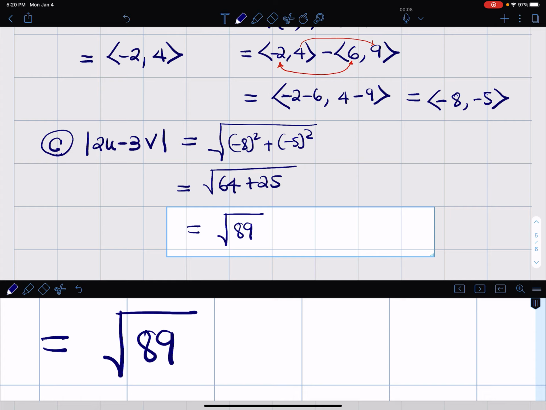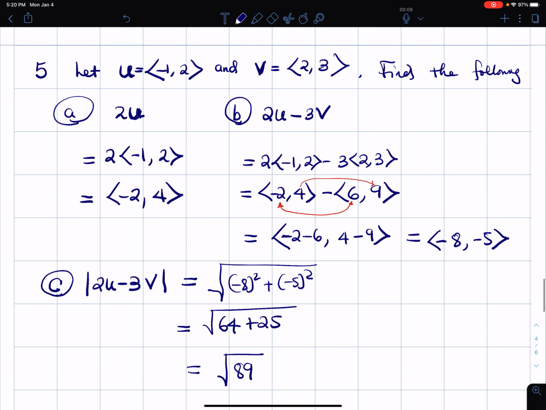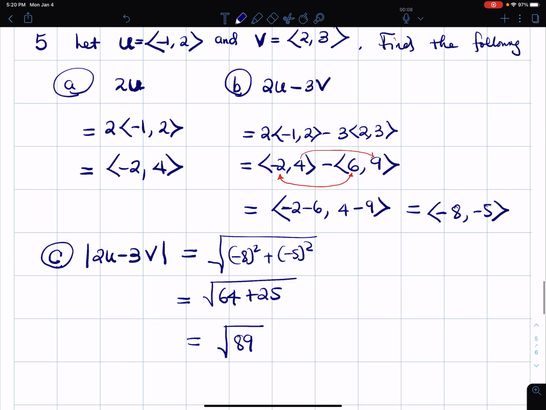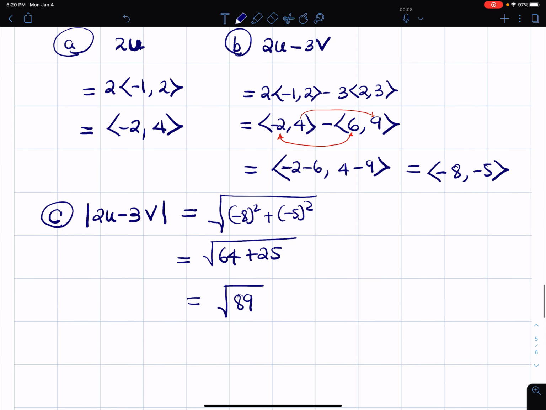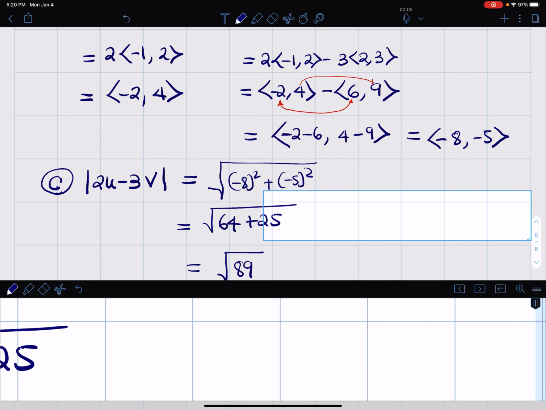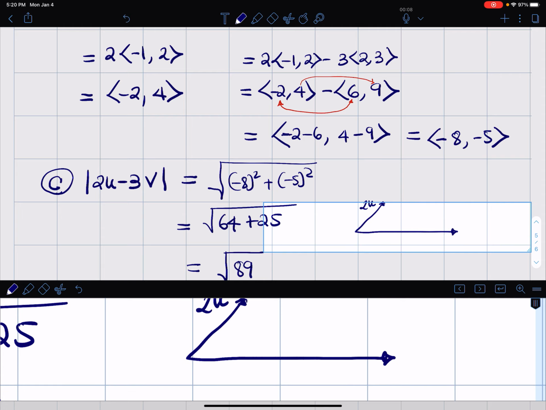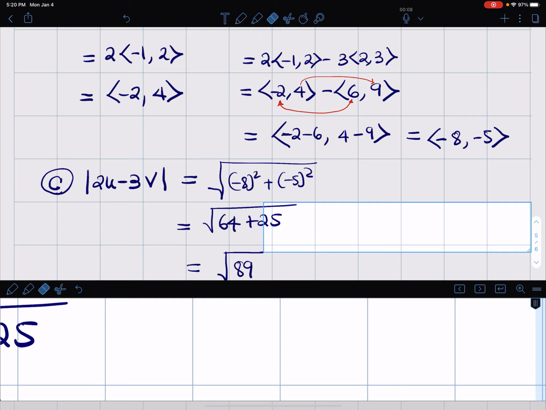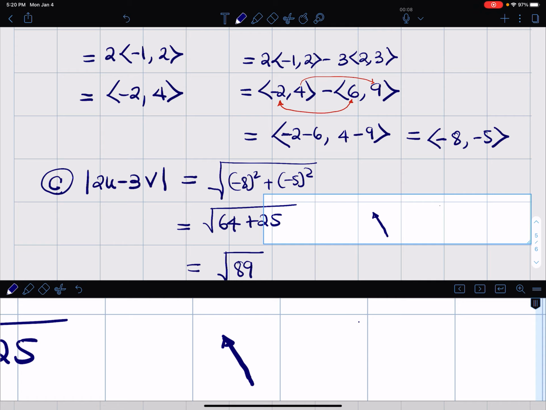Okay, and I just want to remind you of the geometric interpretations of all this. If you have 2u, assuming this is 2u, for instance, and this is 3v, I'm just making it up. Let me not make it horizontal or at a 90 degree angle either.